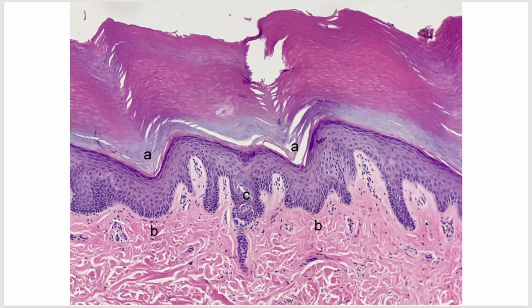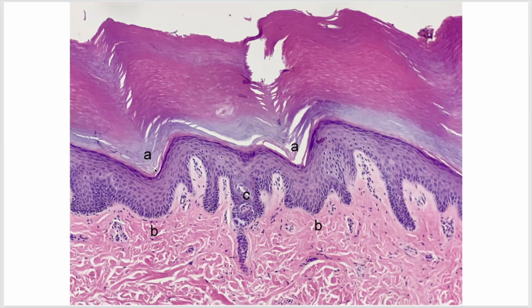In contrast, this is skin from the acral area. Why is that? The reason is if you look at the epidermis, the stratum corneum is super thick. This is the number one feature of acral skin. And number two, below the stratum corneum, there is a layer that looks translucent.